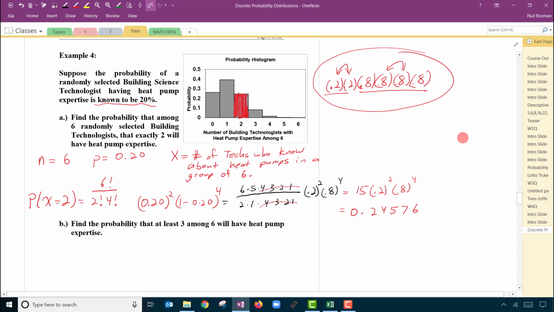We'll do part B here. What's the probability then of getting at least 3 successes in a group of 6? Writing that in math notation, we'll say x greater than or equal to 3. That's what at least means. And you know, when we were solving at least problems before, we often turned them around and did the complement.